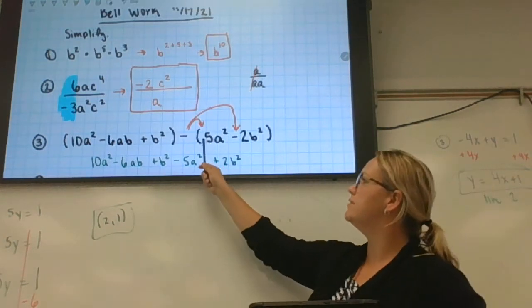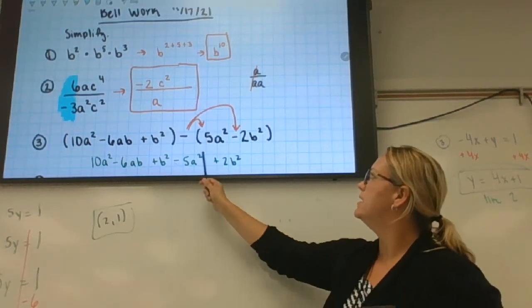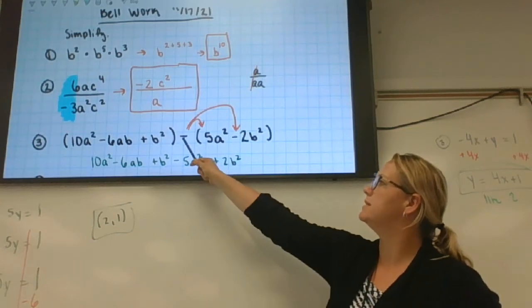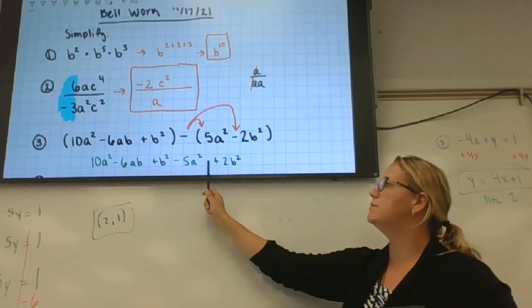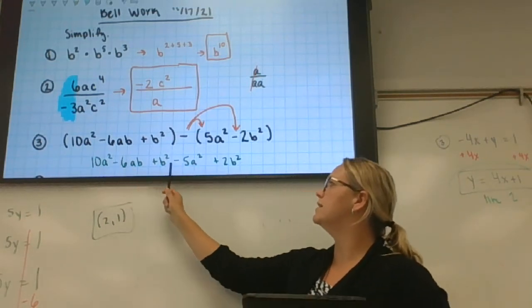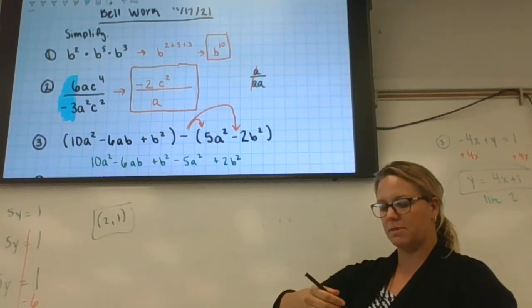So this I rewrote as a minus, and this became a plus because a -1 times a negative will make it positive.